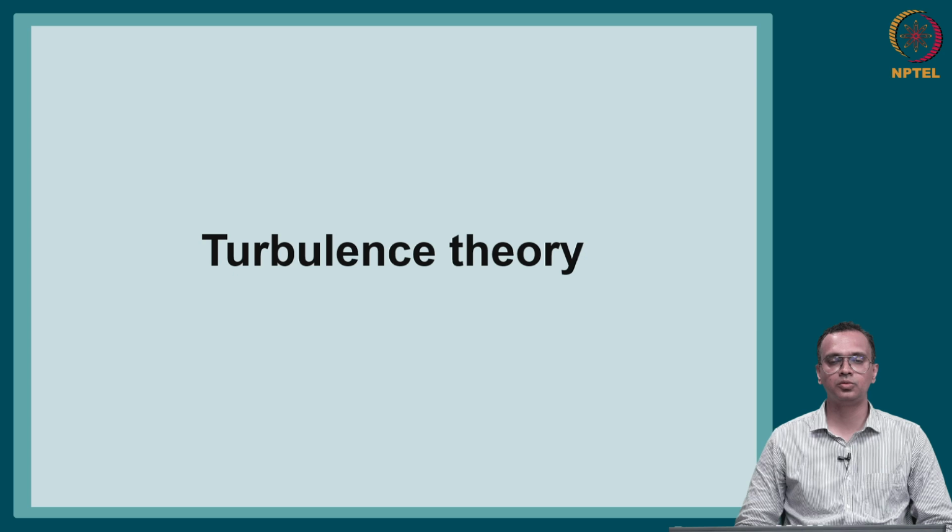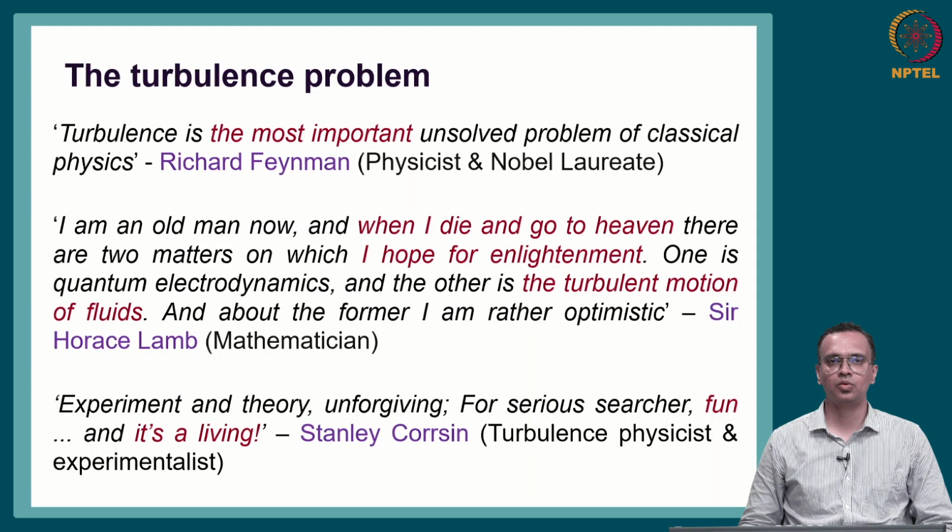So we will look into turbulence theory before we start to model, and we will briefly look into some aspects of what we call turbulence first. So we all know about the turbulence problem, and then we do say turbulence itself is a problem. So why is that?